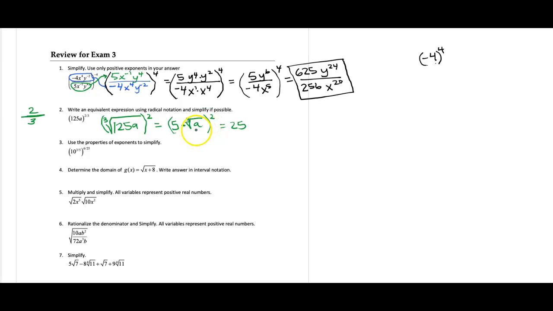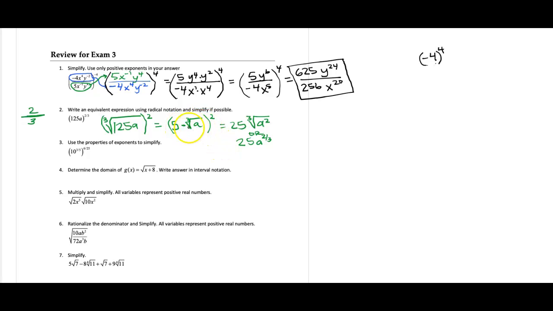And then this next one, I really just have the cubed root of a squared. You can write it like that. Or if you wrote the answer as 25a to the 2/3 power, I would accept that also. Okay, so either of those answers are good on that.